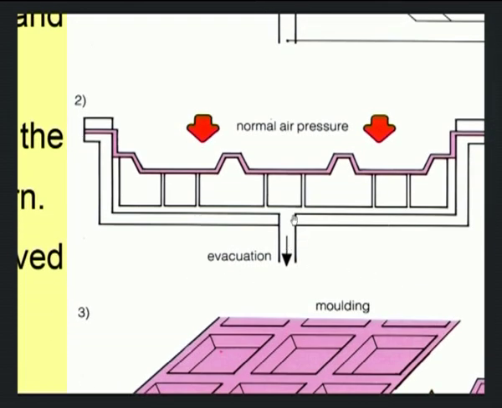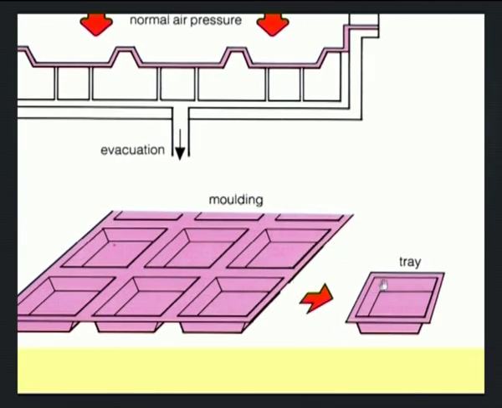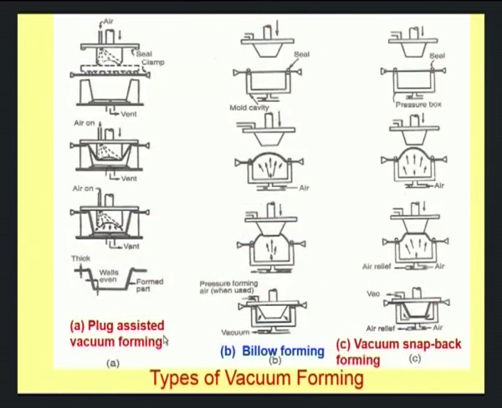Now, once the vacuum is applied, the resin will take the shape of the mold, and then finally the product is ejected. This is how a typical tray found in a supermarket, or the ice making plastic unit used normally in the refrigerator to prepare ice cubes, is made. These are normally prepared by vacuum forming.